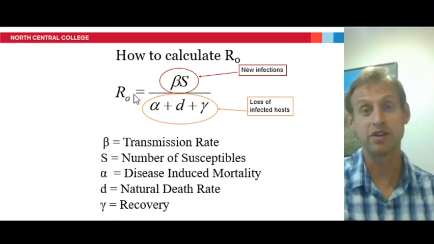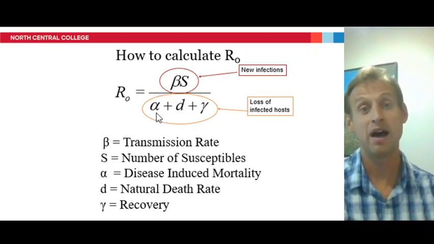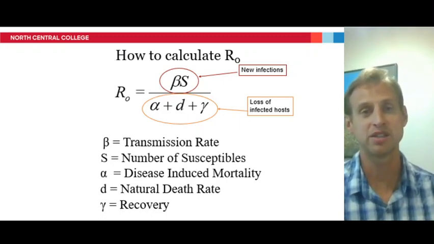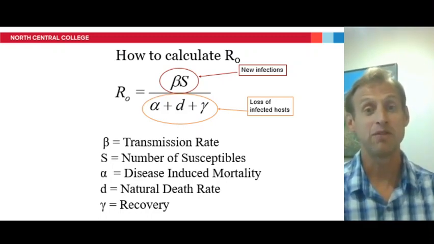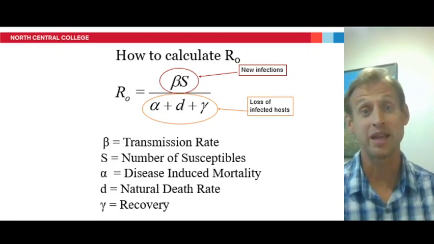I'll give you an example of how a high alpha actually keeps R naught small. When the first Ebola outbreaks occurred in 1976 and a few times in the 80s and 90s, Ebola had an alpha of around 90%. 90% of the people died, and most of the time that was before they could pass it on.